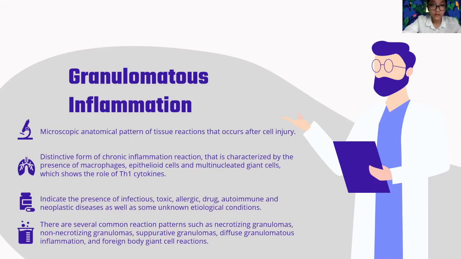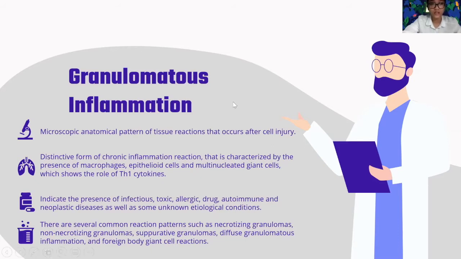There are several common reaction patterns such as necrotizing granulomas, non-necrotizing granulomas, suppurative granulomas, diffuse granulomatous inflammation, and foreign body giant cell reactions. These inflammatory reactions are characterized by focal lesions called granulomas.